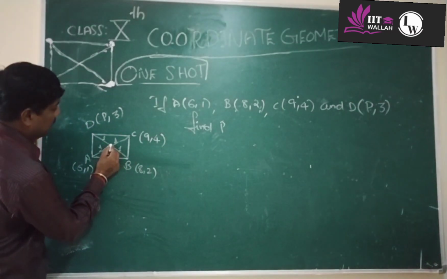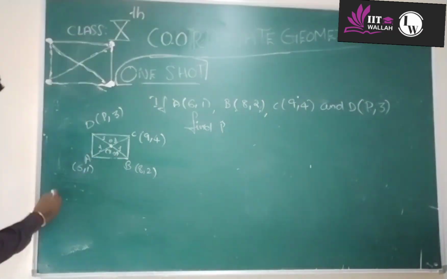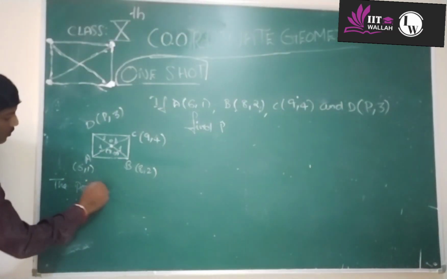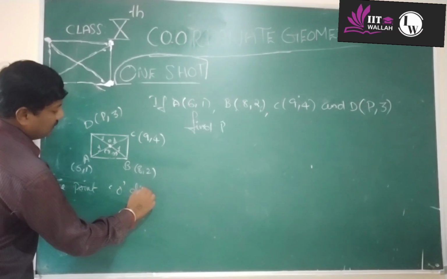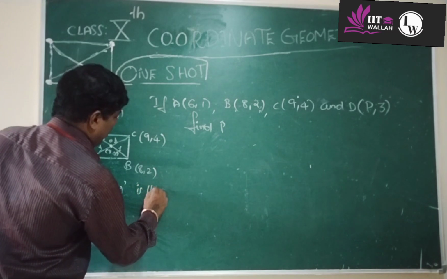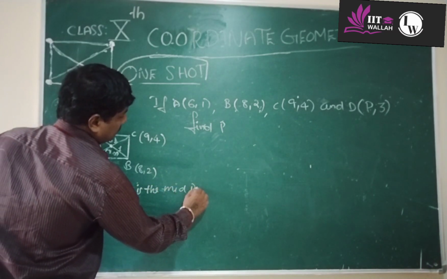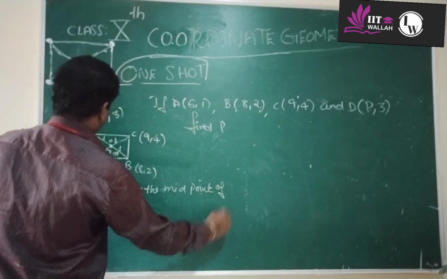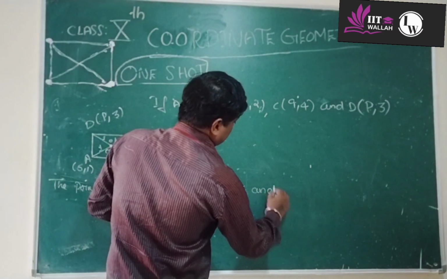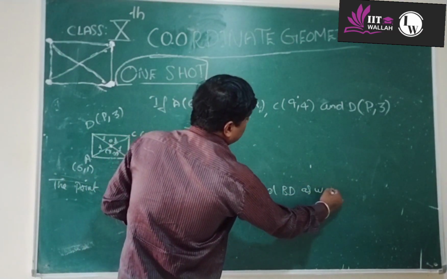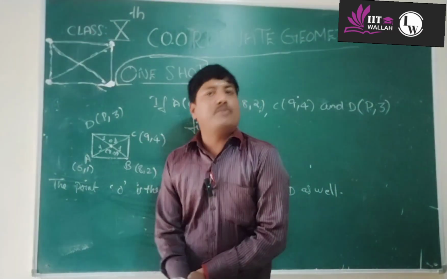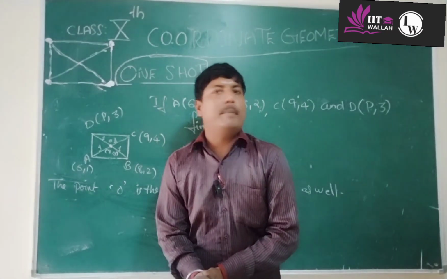I can take this point as O. So point O is the midpoint of AC and BD as well. Okay? So the midpoint formula you know: (x1 plus x2) by 2, (y1 plus y2) by 2.